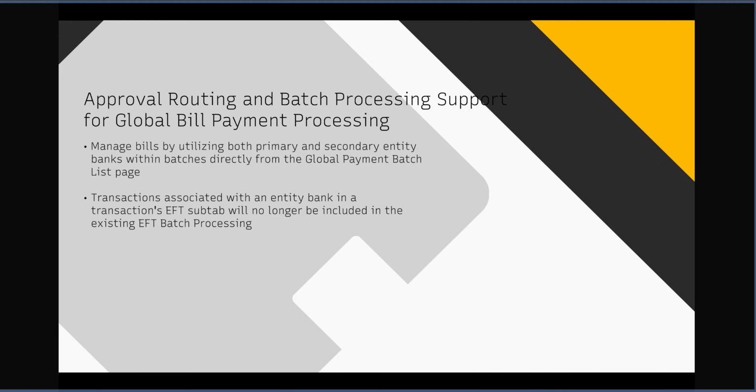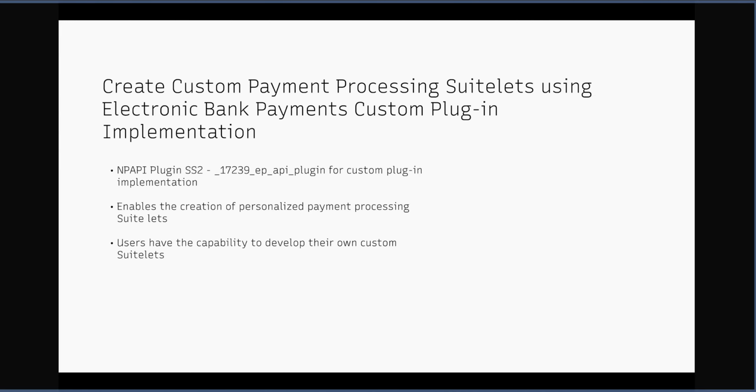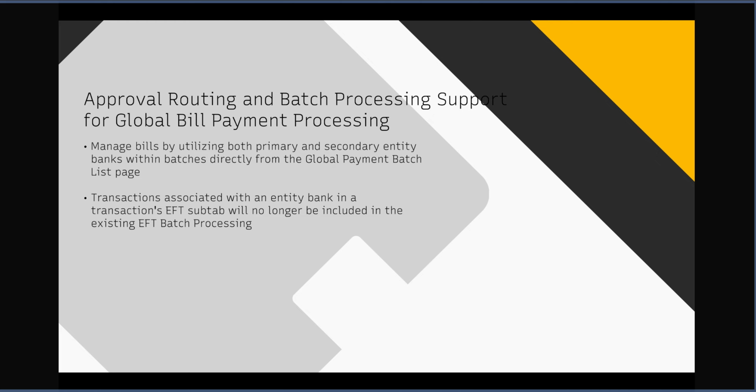The latest release, electronic bank payments version 2024.1, introduces enhanced functionality such as approval routing and batch processing for global payments. With this update, users can efficiently manage bills by utilizing both primary and secondary entity banks within batches directly from the global payment batch list page.